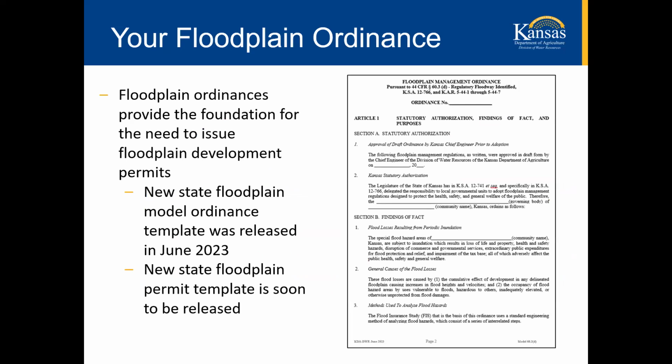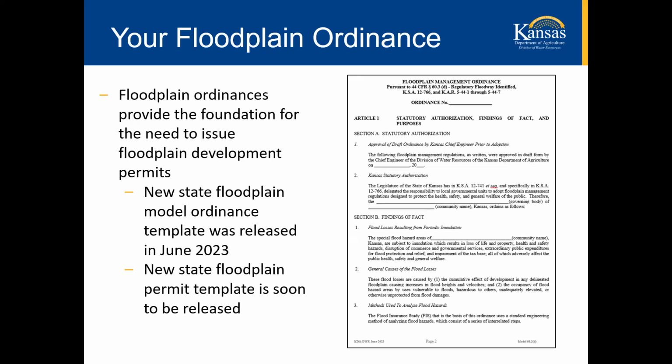So your ordinance is the foundation for the need to issue floodplain development permits. What it says is any development, which is any change to real or unreal real estate, the phrasing is that any change to any part of the floodplain is considered development and requires a permit. There is a little bit of leeway with that, depending on what it is, because floodplain management does require some judgment calls from time to time.